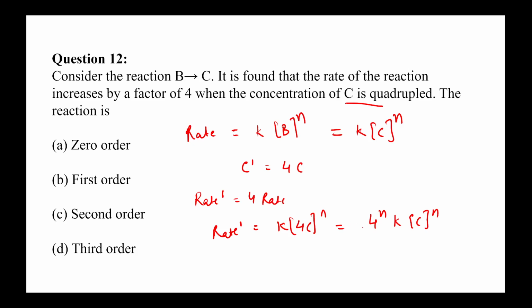And K C raised to the power of n is equal to the old rate, and this is equal to the new rate. And we know the new rate is 4 times the old rate. So 4 times rate will be equal to 4 raised to the power of n into rate. That means the value of n is equal to 1. So it's a first order reaction.